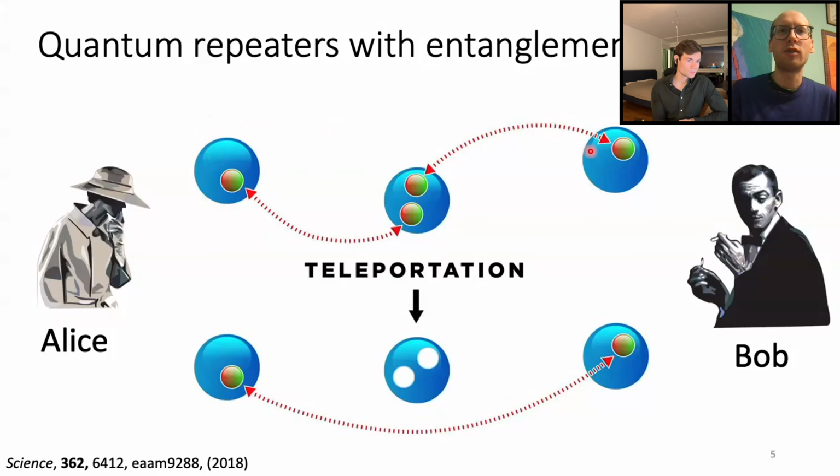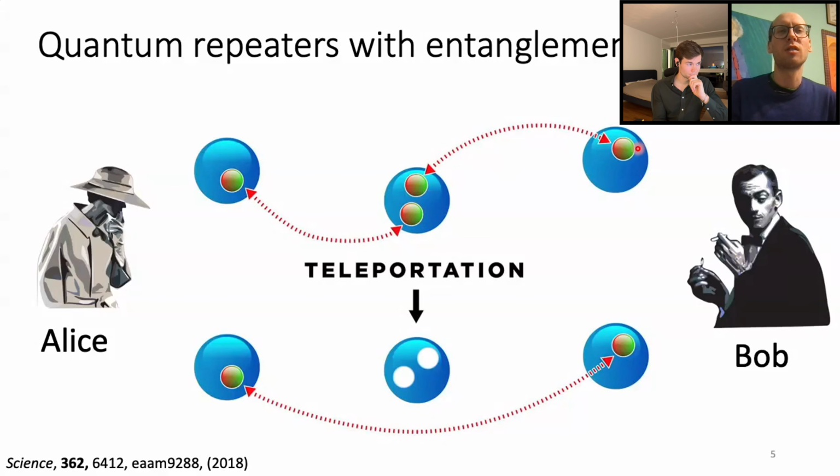But now, if you have this station in the middle with quantum memories, then you can beat this exponential scaling, because you don't need to simultaneously transmit the photon from Alice to the middle and the middle to the right, because the memories in the middle give you what you may call time independence.